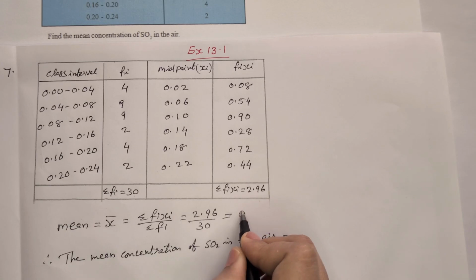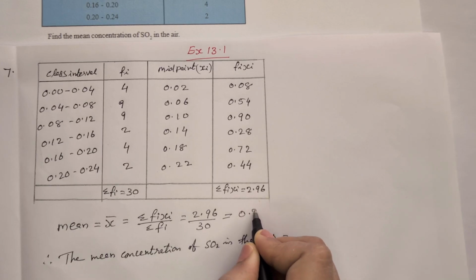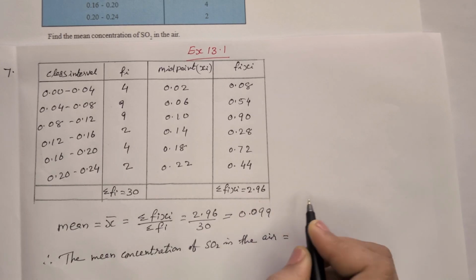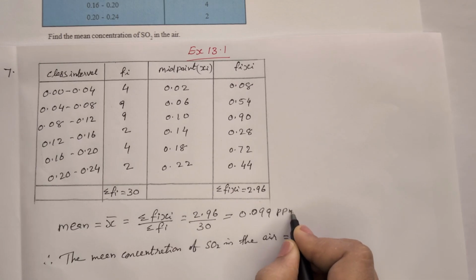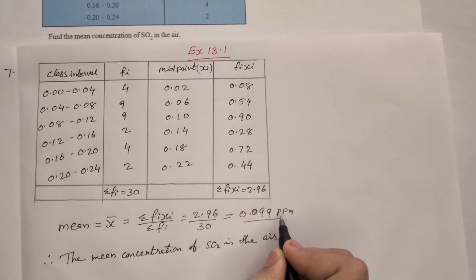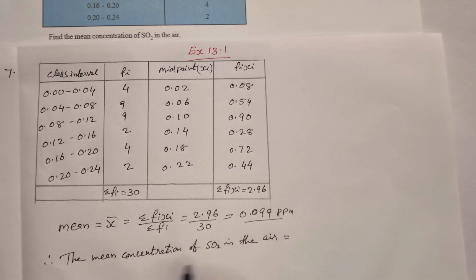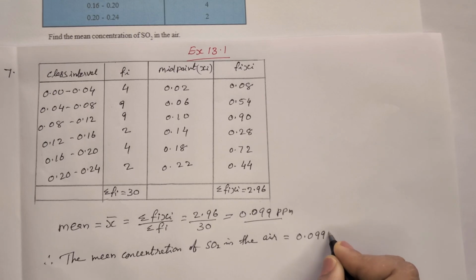Is equal to 0.099 ppm. ppm means in parts per million. So the mean concentration of SO2 in the air is equal to 0.099.